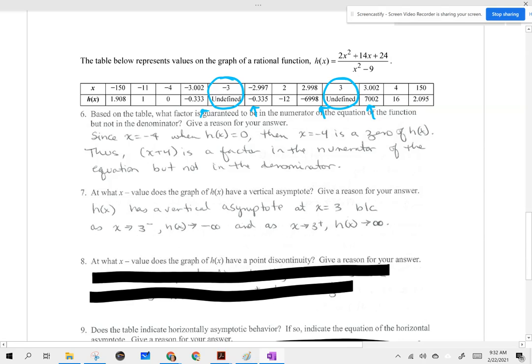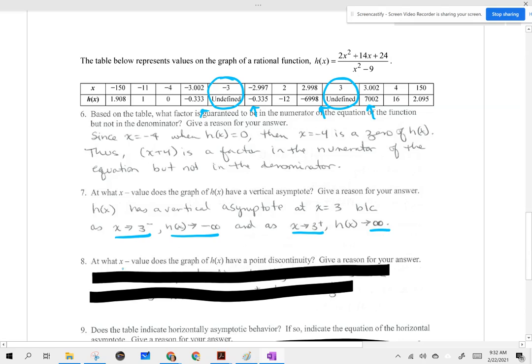So here we go. H of x has a vertical asymptote at x equals 3 because as x approaches 3 from the left, h of x approaches negative infinity, right? That's a really large negative number. And as x approaches 3 from the right, it's a really large but positive number. So we can see that those are going to be an asymptote.